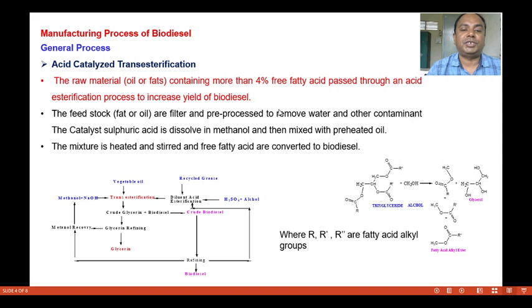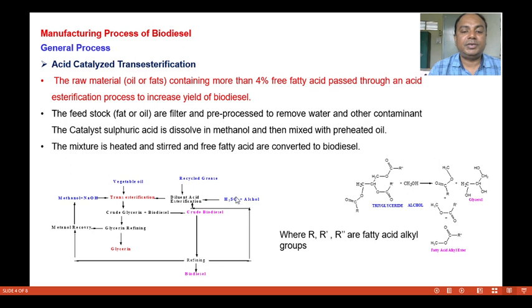After transesterification what we get are the fatty acid alkyl esters, which are nothing but the biodiesel, along with a byproduct, glycerol. This glycerol is also used as a raw material for making cosmetics. So here you can see in the flow sheet methanol, or H2SO4 and alcohol.